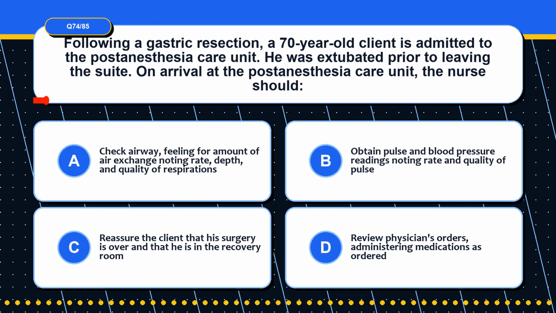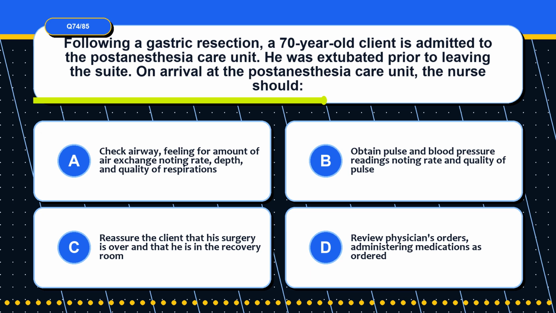Question 74. Following a gastric resection, a 70-year-old client is admitted to the post-anesthesia care unit. He was extubated prior to leaving the suite. On arrival at the post-anesthesia care unit, the nurse should. Here are the options. Option A. Check airway, feeling for amount of air exchange, noting rate, depth, and quality of respirations.